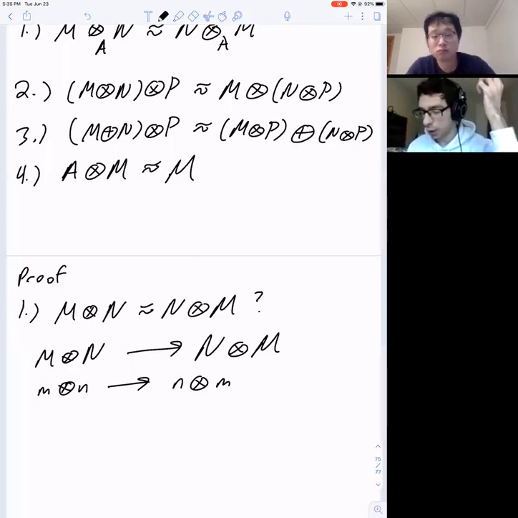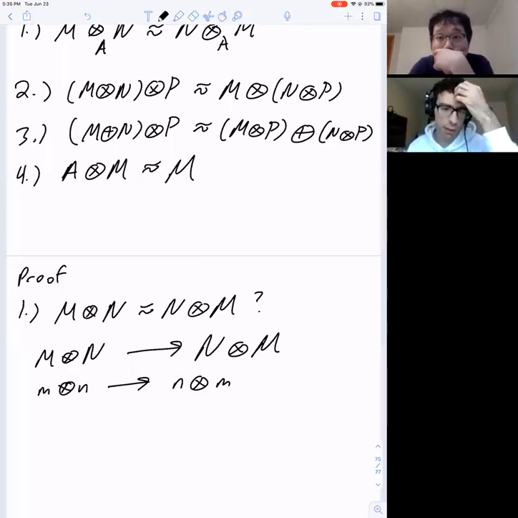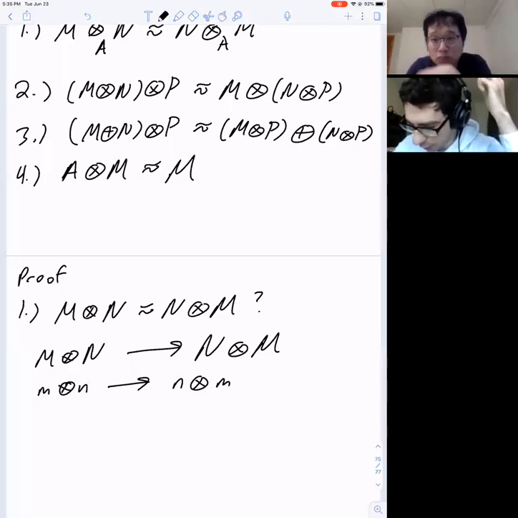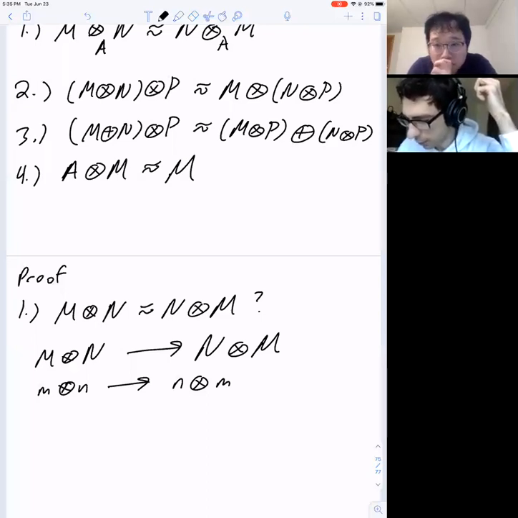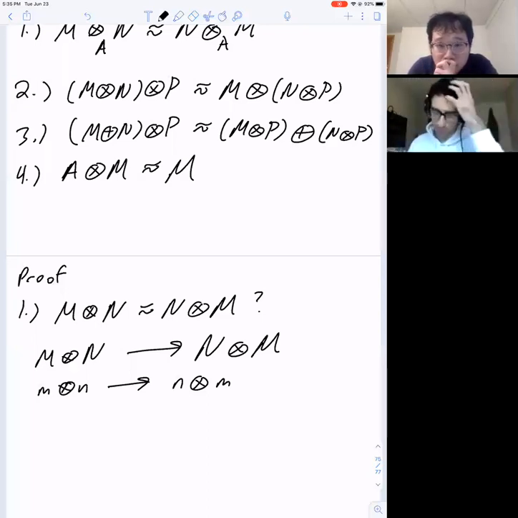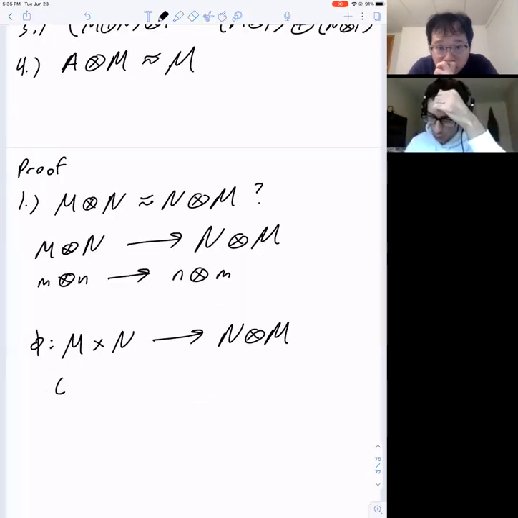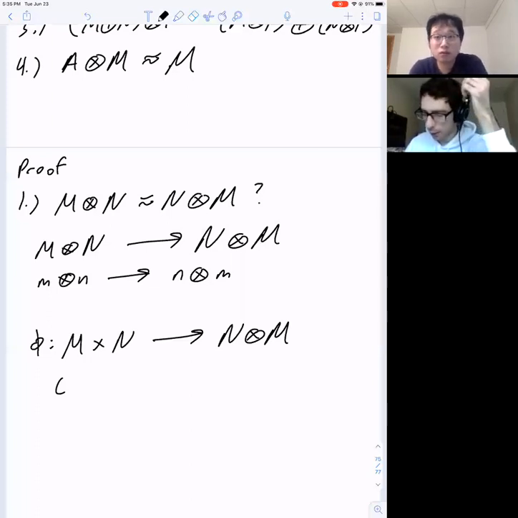But you should make sure that this mapping, this operation, is in fact well defined. To do that, let's say that M cross N gets mapped to N tensor M. I will not go through the whole details, but I will say that this is an A bilinear mapping.